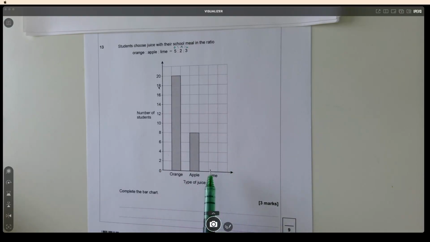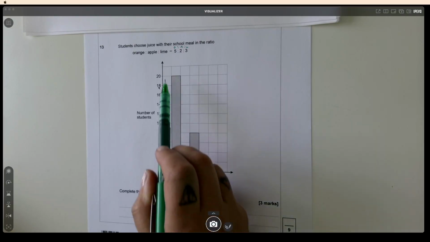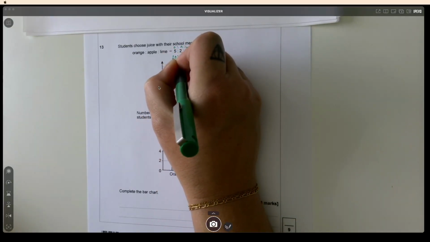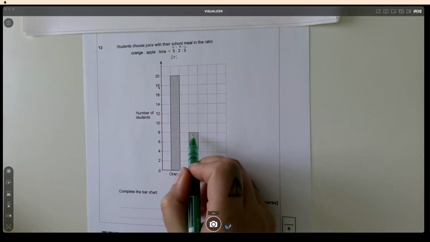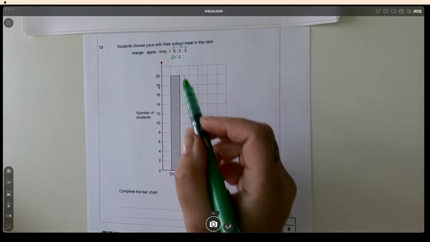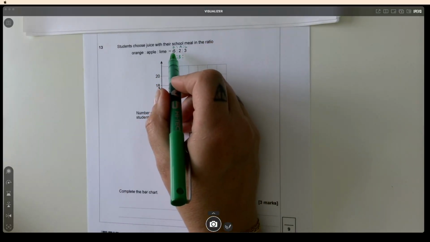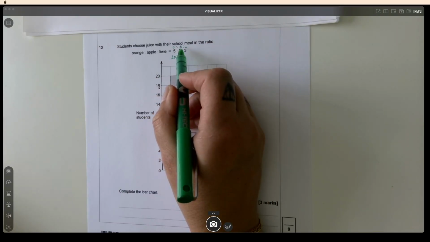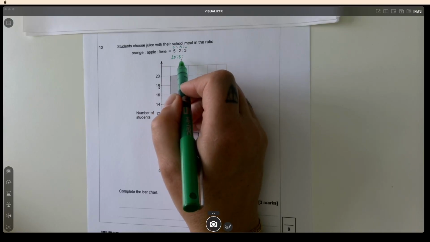It isn't as simple as just drawing the bar up to 3, because what you'll notice is the orange bar goes up to 20. So actually 20 orange juice. The apple bar goes up to 8, so 8 apple juice. So the parts of the ratio for orange has changed from 5 to 20, and the parts of the ratio for apple juice has changed from 2 to 8.